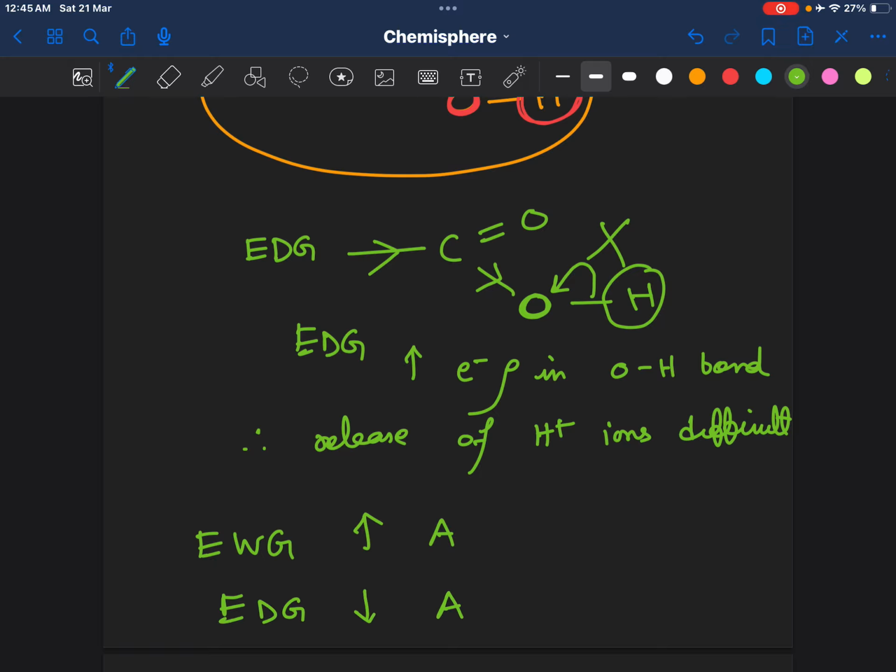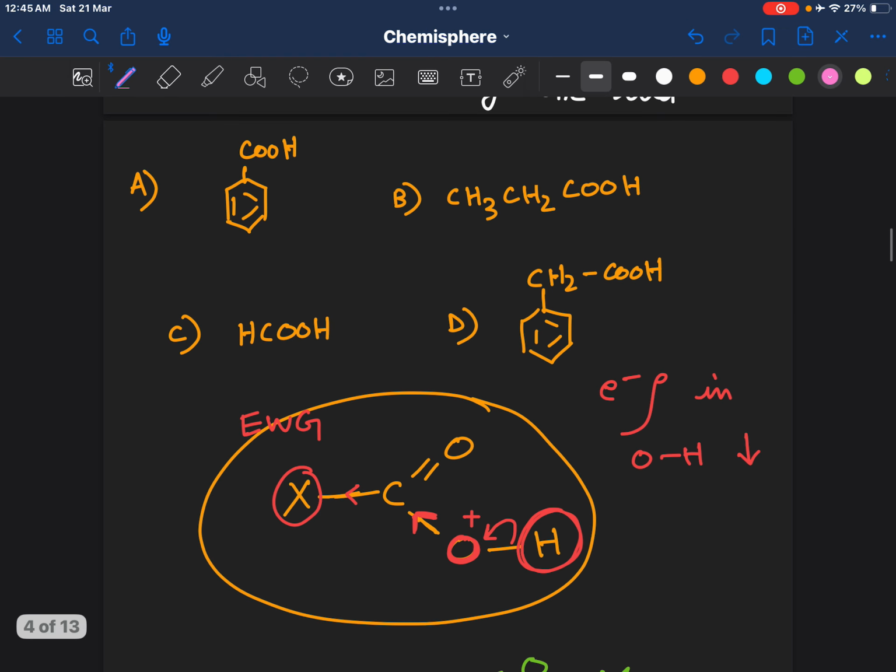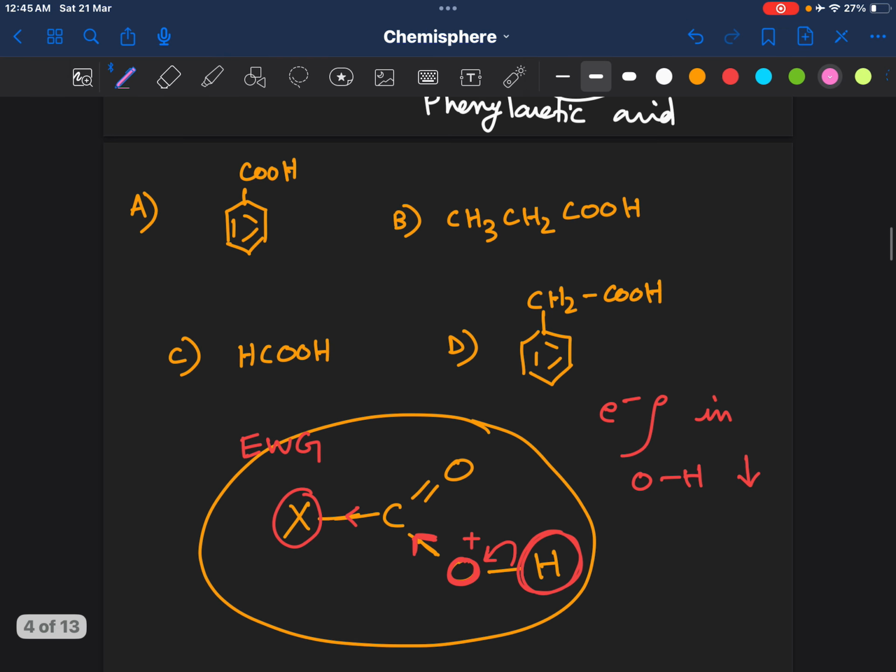Okay, cool. So if we look at all the four options, here we have a benzene ring. So benzene ring has plus R effect, that is electron donating resonance effect, and also we have minus I, which we are going to discuss, because of electronegativity difference.